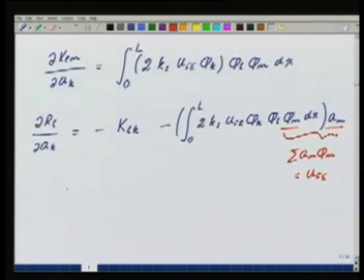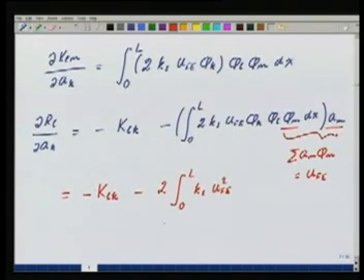Okay, so this will be equal to minus K_LK minus 2 times the integral 0 to L of K_1 U_FE squared into phi_L phi_K dx.